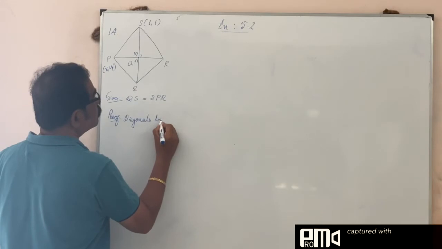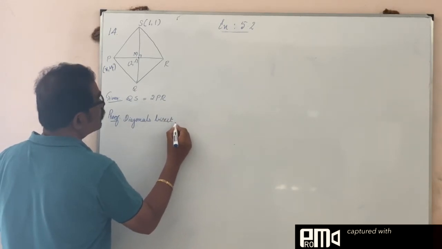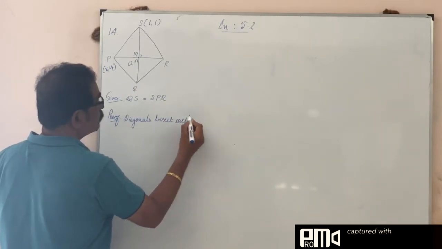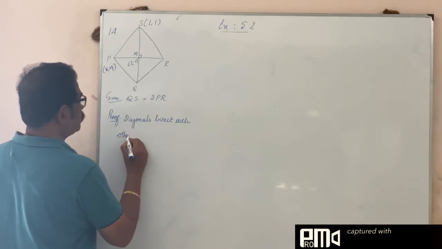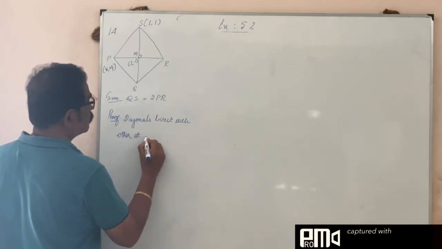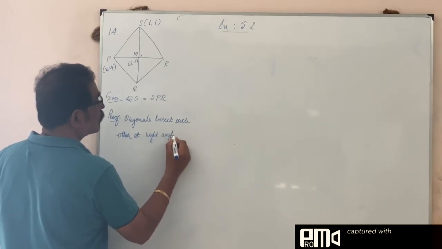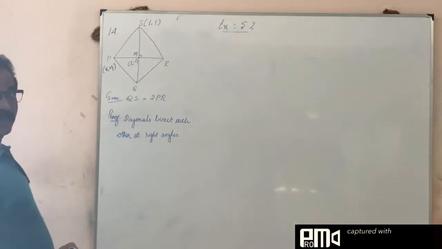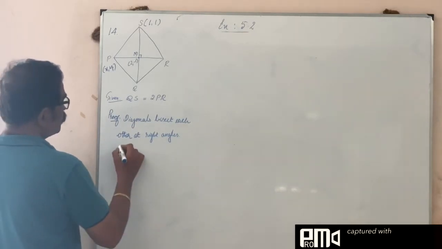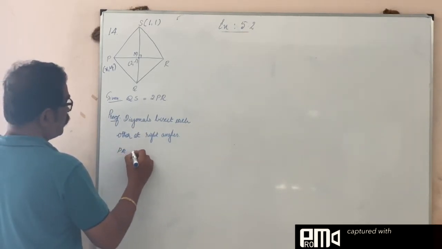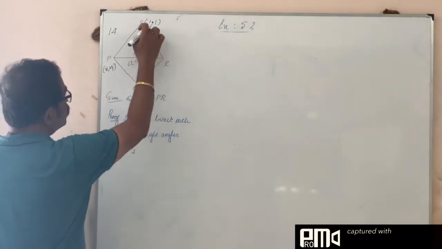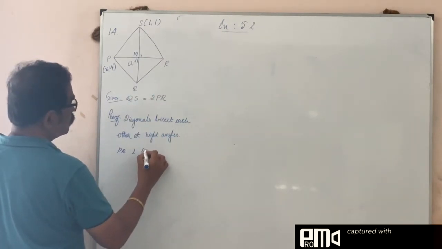Diagonals bisect each other at right angles. That means PR is perpendicular to SQ.